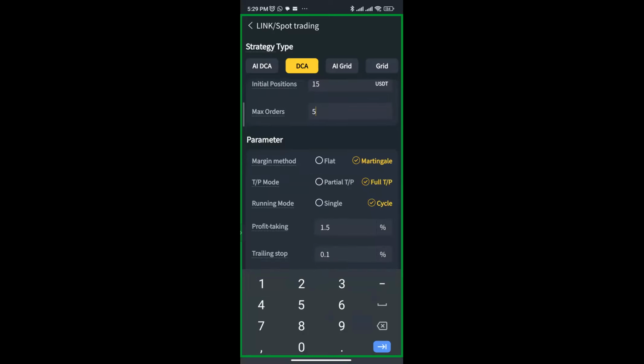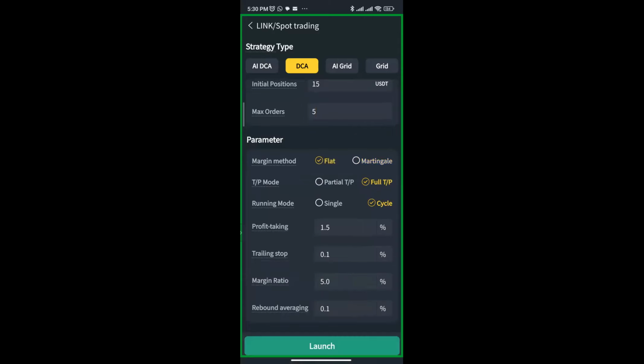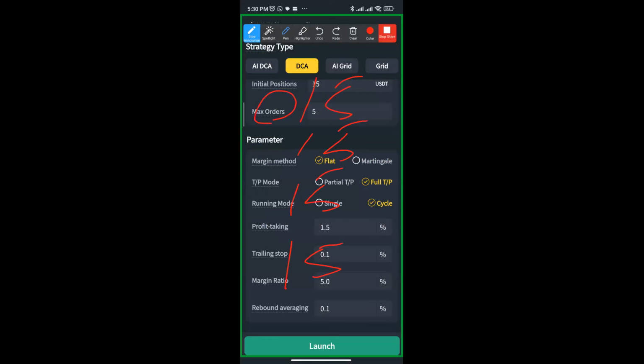What's next? I come to my parameter because with my capital, I cannot afford a martingale strategy. I will switch to flat. What does that mean? It means the robot will be buying at every dip $15, $15, $15 for 5 times, because the maximum order I'm putting here is 5. So it's going to do 15 into 5 places.